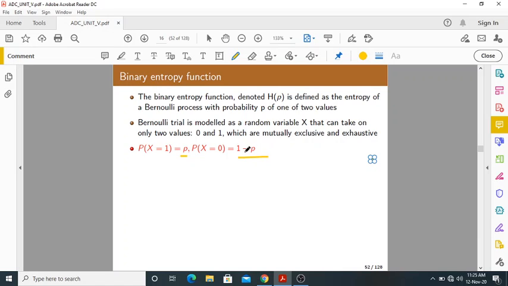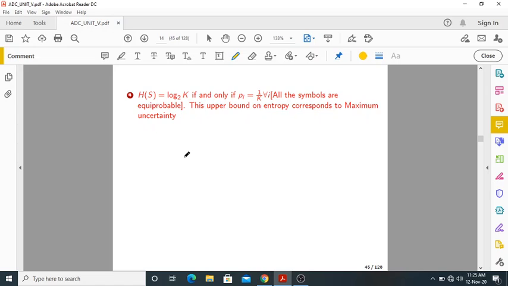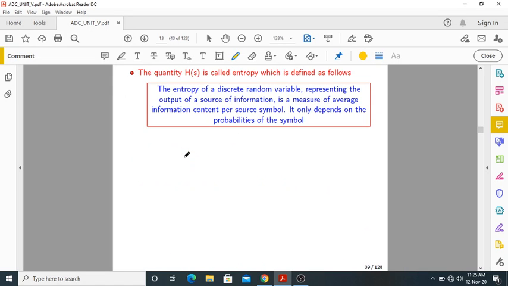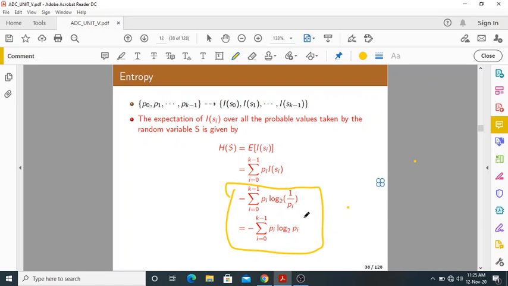Now if it is so, can you write down the formula of entropy for this? So we have only two symbols. So how to write the entropy formula? Here, use this formula, where i varies from 0 to 1: minus of sum of p_i log 2 p_i.